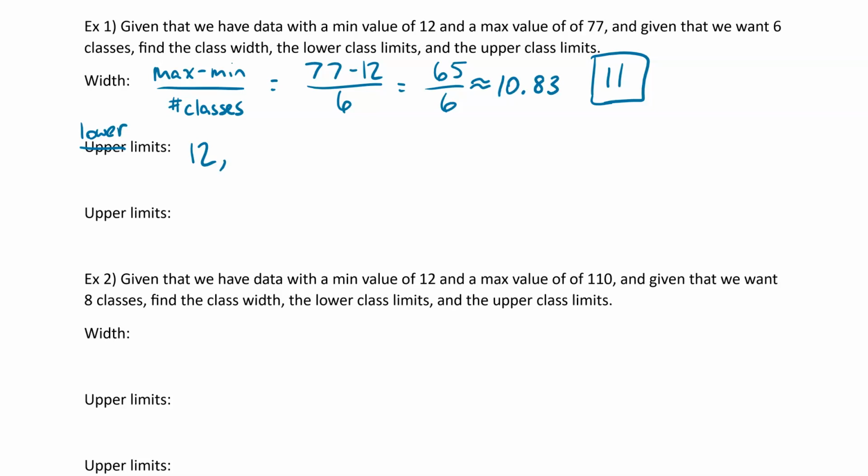So it's going to be 12 plus 11 will give us 23, plus 11 will give us 34, plus 11 will give us 45, plus 11 again will give us 56, plus 11 will get us 67, and plus 11 one last time will be 78.